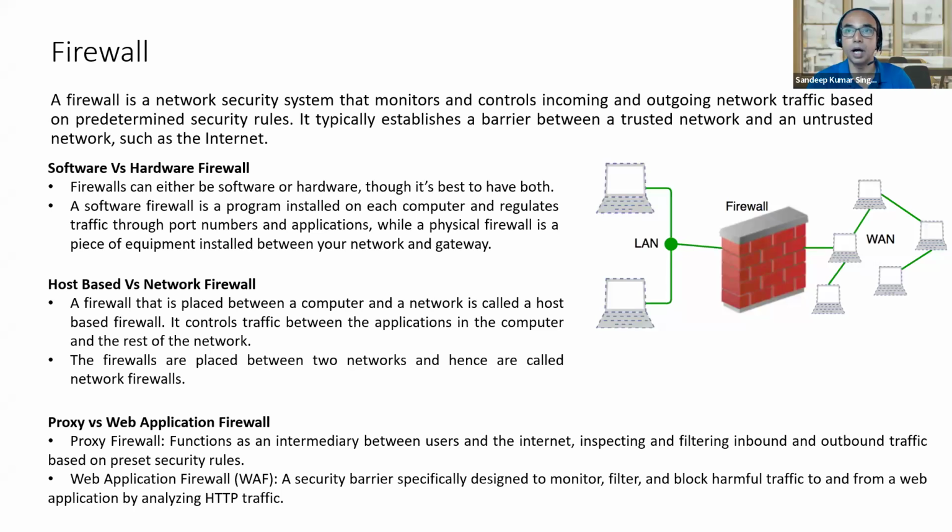The whole traffic coming around it, ensuring that malicious traffic is not coming, and keeping that application, the web service, protected from any attack. So that's a typical web application firewall. So all these firewalls have their own utility, but the goal is the same: their purpose is to protect from malicious traffic and control any unwanted communication.